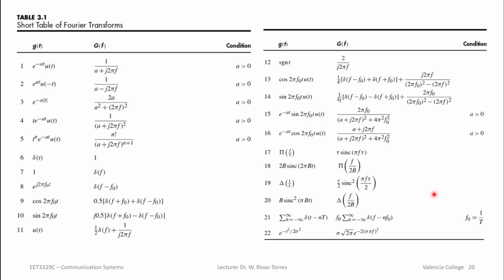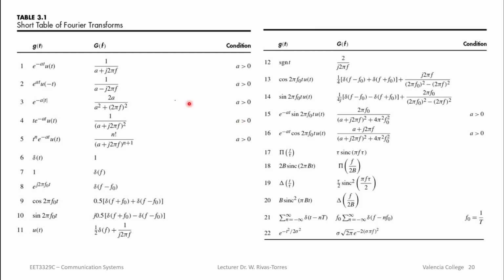Now, I did not spend a lot of time demonstrating and going very rigorously through all these integrals and even through the examples. The textbook does, and I hope you spend some time to read those. For the most part, in the rest of the course, I will refer back to this table, which has 22 different Fourier transforms, and with this we cover a lot of ground.